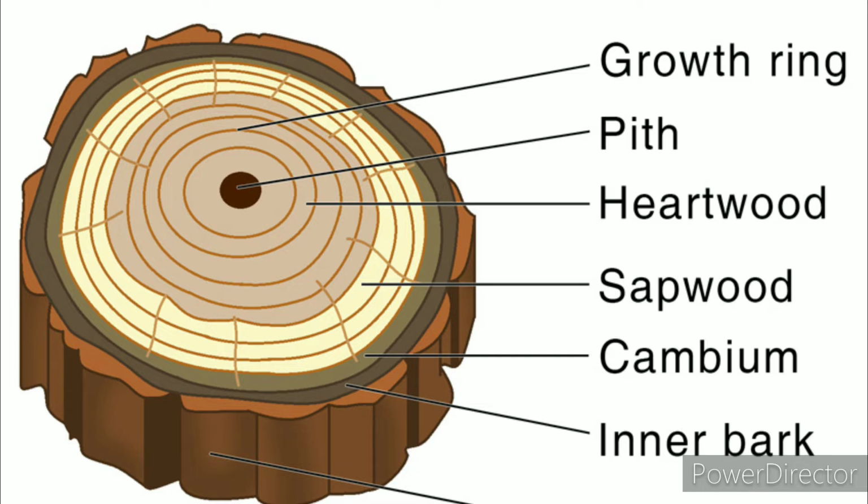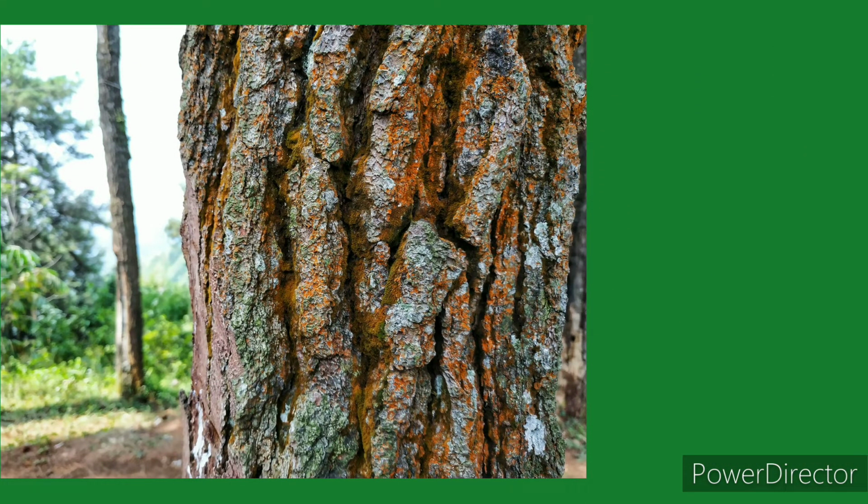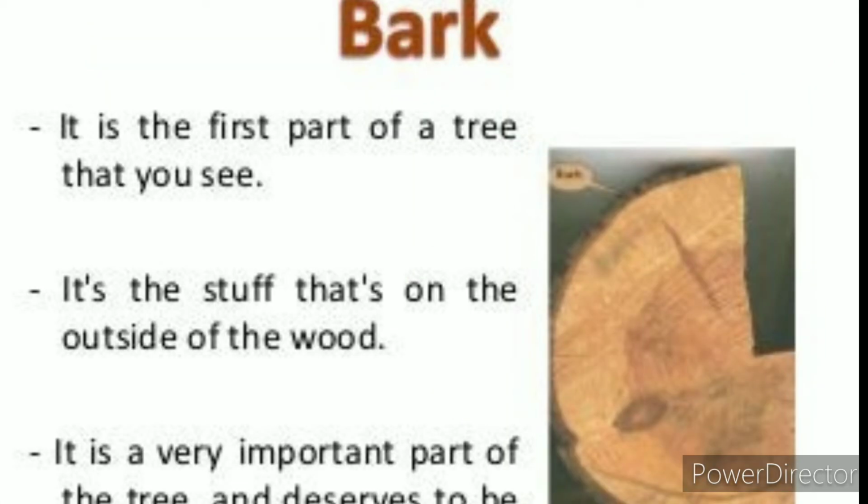Now let's look at the features of the structure of a tree in detail. 1. The bark. This is the outer layer of the tree. It is cork-like in nature and provides protection to the tree from pests, strong weather, and other damages. It is also known as cortex.